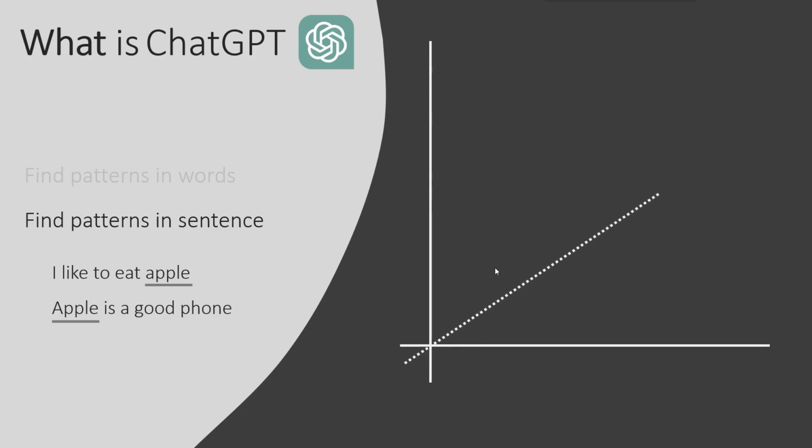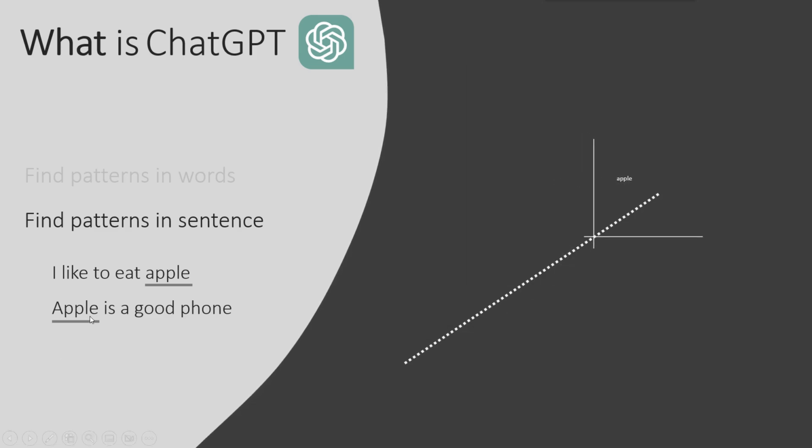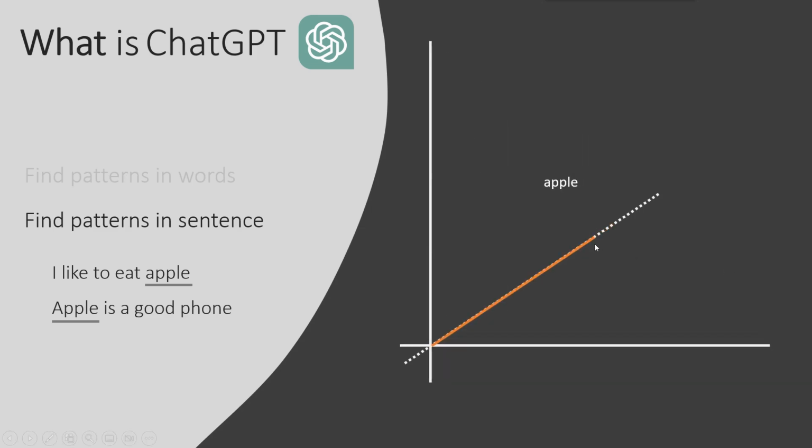In human sense, let's say apple is here in the original plane. But after a while, ChatGPT will learn that apple is a good phone. This apple is going to be the apple far away along the Z dimension. So the distance between the original and the target is the difference in sentence.